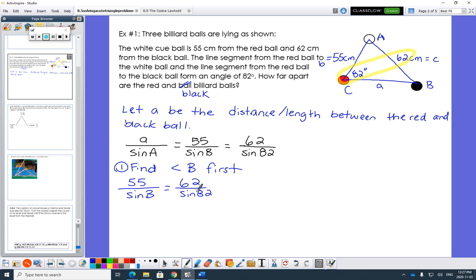When you have the completed side, you're probably going to want to change that into a number, and that's fine. So I'm going to do 62 divided by sine 82.